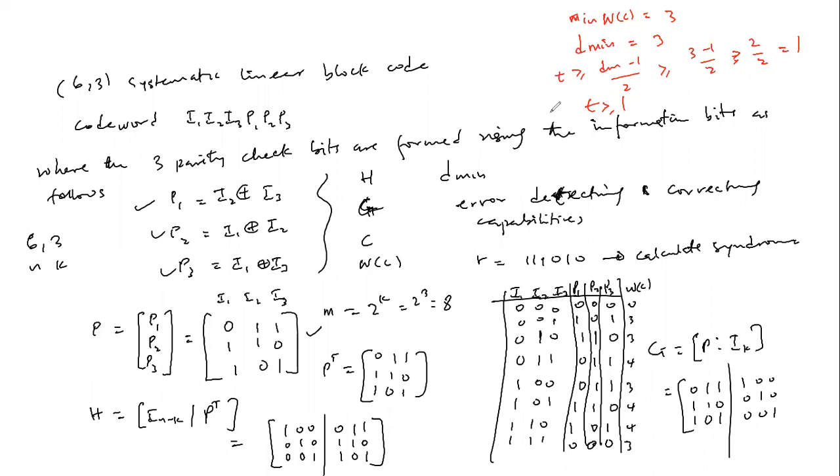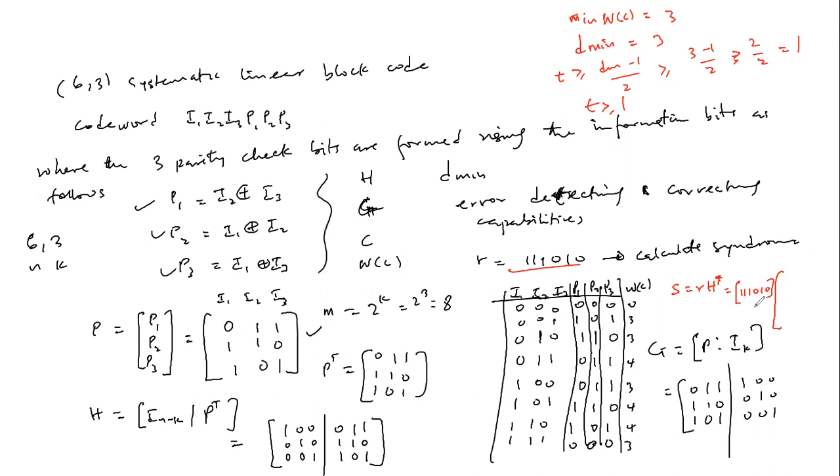Okay, and now the syndrome. We still have some space. Okay, syndrome is s equal to r H transpose, such that the transpose, which is the received word here, is 1, 1, 1, 0, 1, 0.